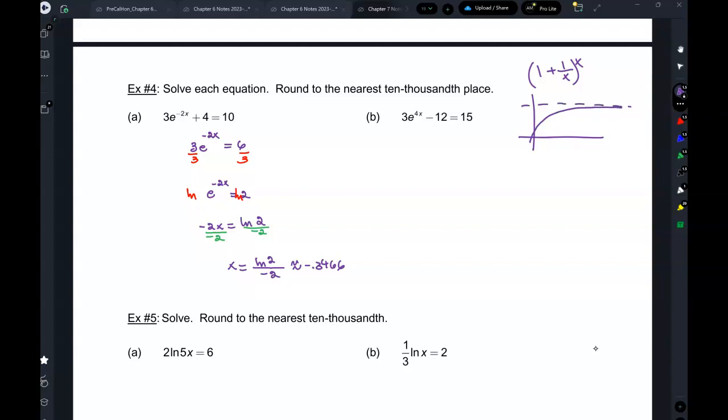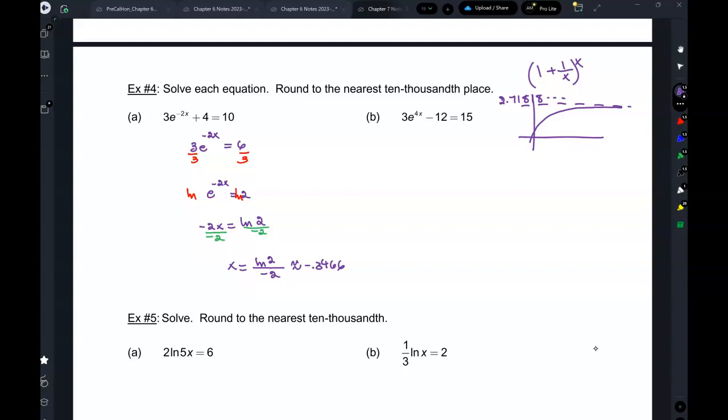And then it levels off at 2.71818, blah, blah, blah. That number is E. Now, where does that expression come from? That's an expression that shows up a lot in math, and often we have to look at the end behavior of it, and so that's where E comes from.